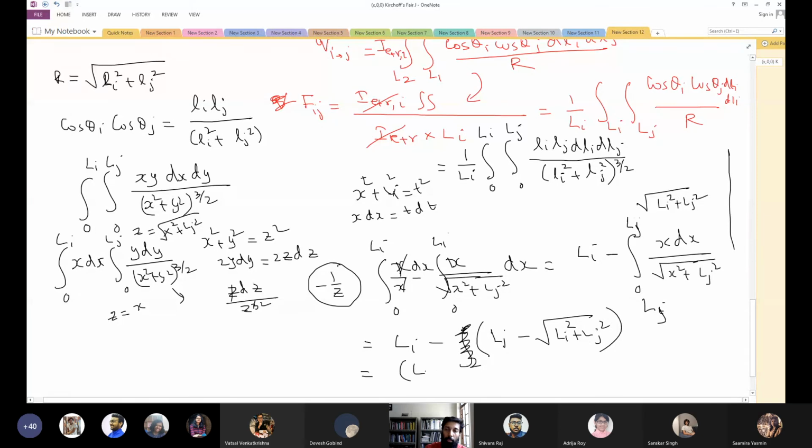So this becomes Li minus Lj minus square root of Li square plus Lj square. And so F12, Fij, will be 1 by Li times (Li minus Lj minus the square root of Li square plus Lj square).